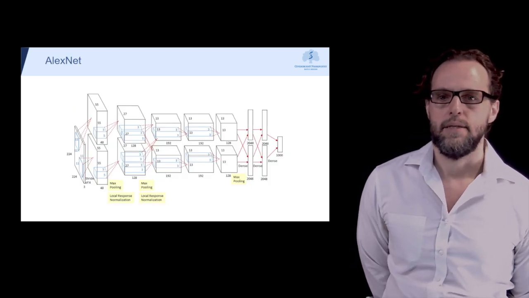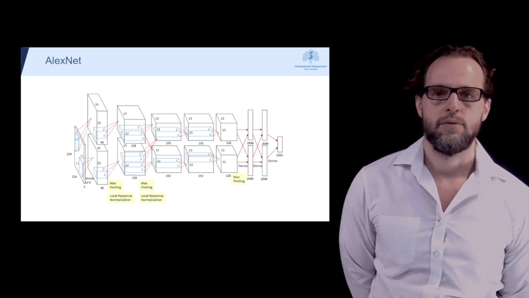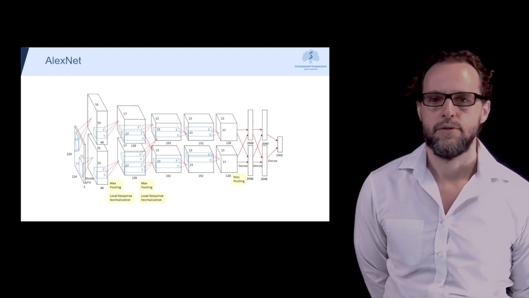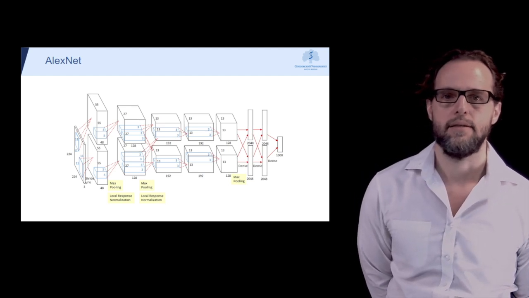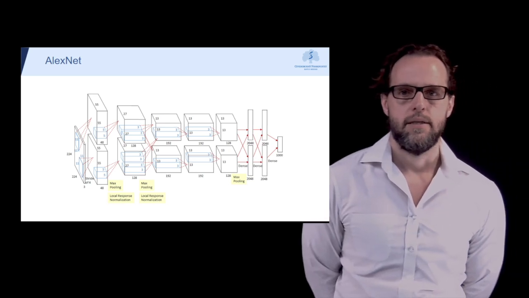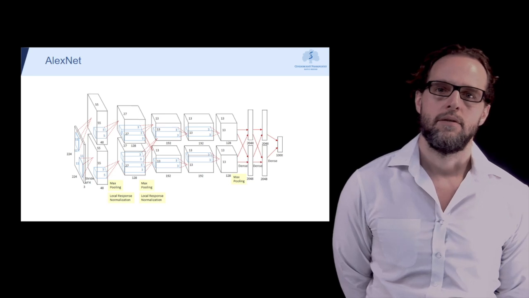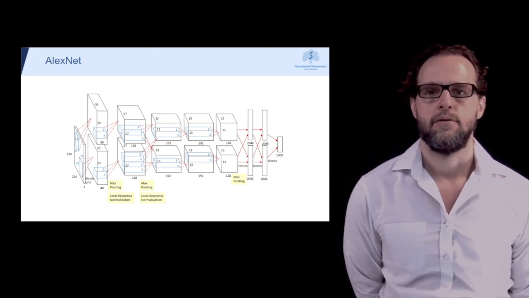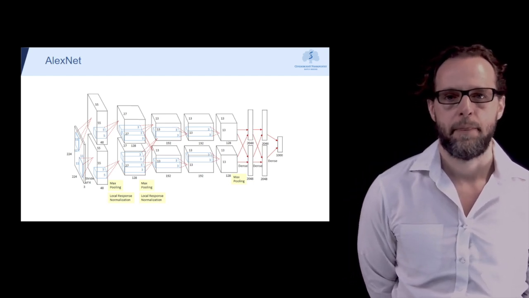AlexNet, named after the main inventor, was introduced in 2012 and made a splash by reducing the best previous error rate in testing on ImageNet almost by half. Its architecture consists of 5 convolutional layers, between which are located pooling layers and normalization layers.